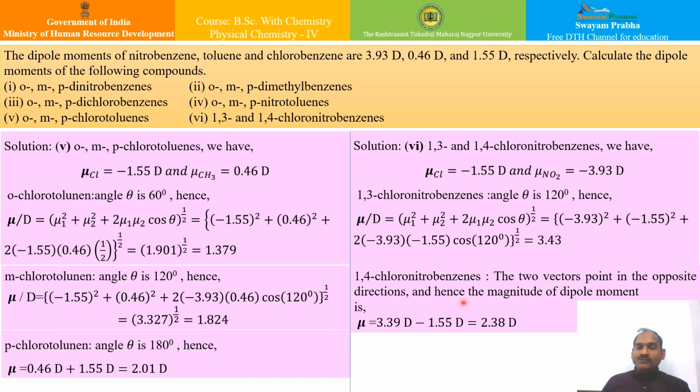I can find the dipole moments using this kind of formula, especially that μ is equal to (μ1 square plus μ2 square plus twice μ1 μ2 cos θ) to the power half. This formula is particularly useful for this kind of disubstituted or substituted benzene examples.